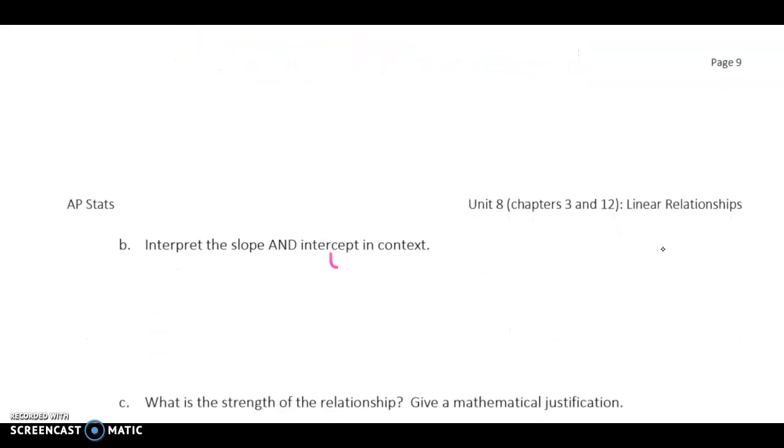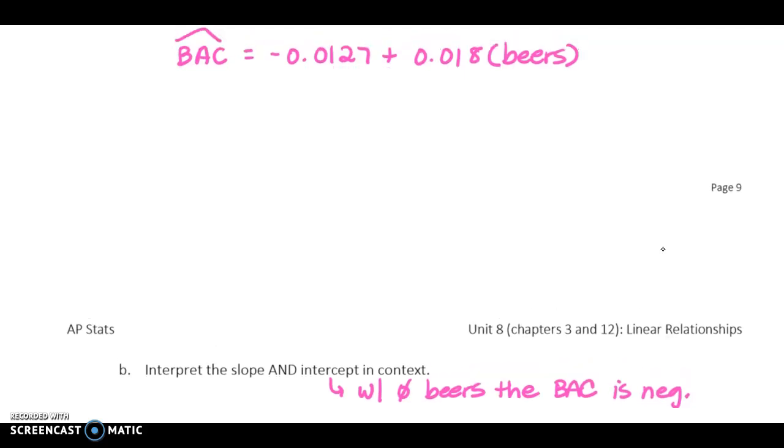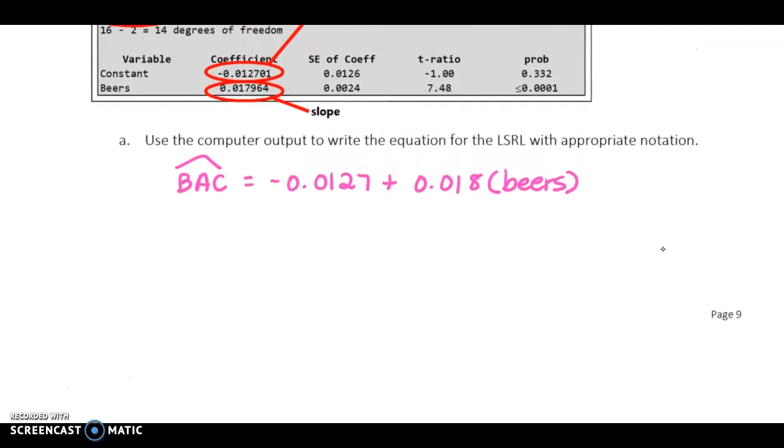If we interpret that, it would mean that with no beers, the BAC is negative. Well, that is absurd, and we don't need to worry about that. So those intercepts won't always have a contextual meaning.